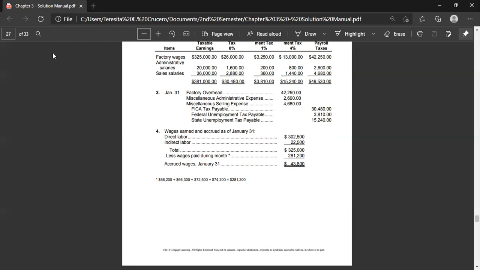So the wages earned and accrued as of January 31 is 302,500, add indirect labor of 22,500. So we get the total less the wages paid of 281,200. So you have the total. So the difference is accrued wages.